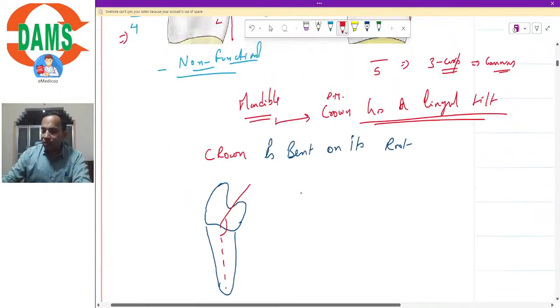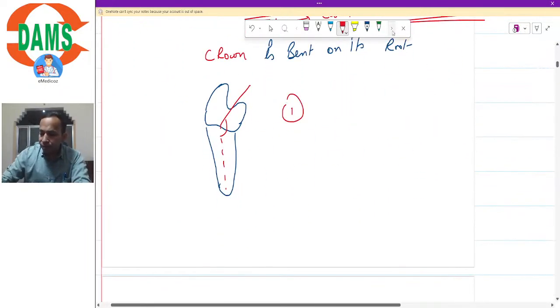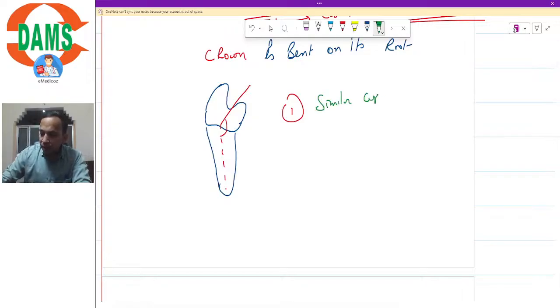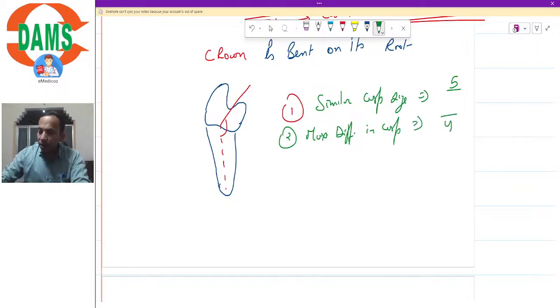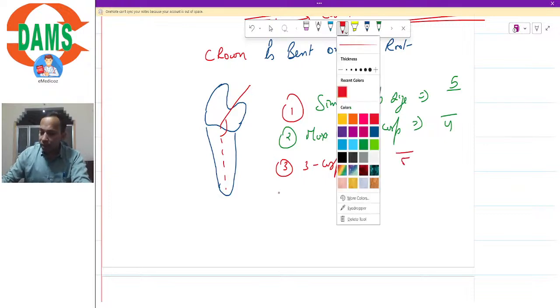So what all differences did we notice? First of all, similar cusp size is only in the maxillary second premolar. Maximum difference in cusp size is in the mandibular first premolar, isn't it? The only premolar with 3 cusps is the mandibular second premolar, right?